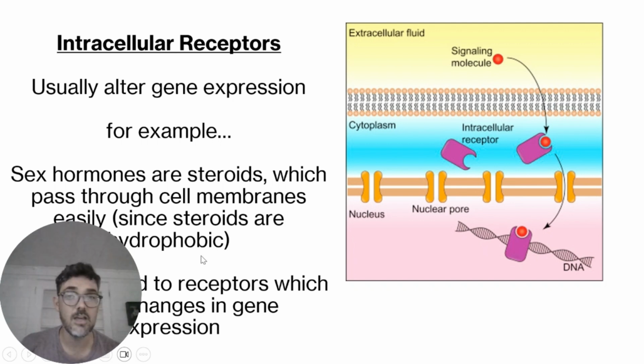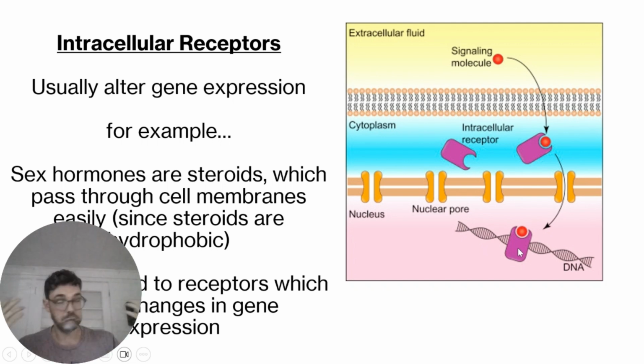So the sex hormones are steroids, and as steroids, they are hydrophobic and therefore can easily pass through the membrane, where they can bind to the receptor. Then these complexes move through the nuclear pore where they grab onto the DNA and change gene expression.